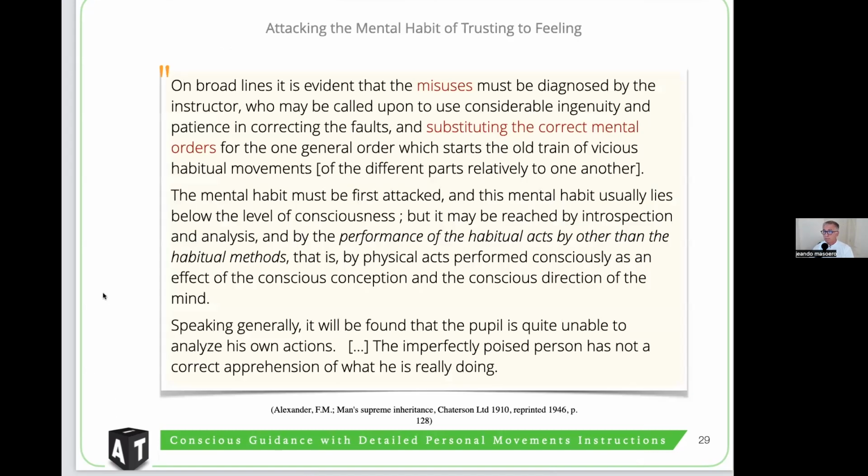So, Alexander said, it is evident that the misuse must be diagnosed by the instructor, and he may be called upon to use considerable ingenuity and patience in correcting the faults and substituting the correct mental orders for the one general order which stopped the whole train of vicious habitual movement. I don't think he was discussing the order to think up, or the order to lengthen the spine. Or maybe he was, I don't know.